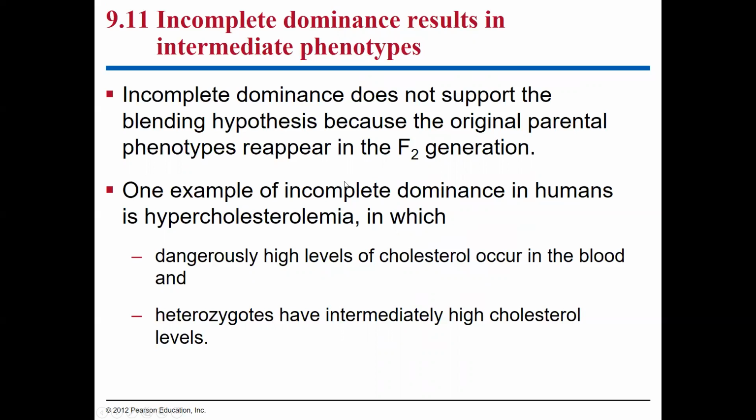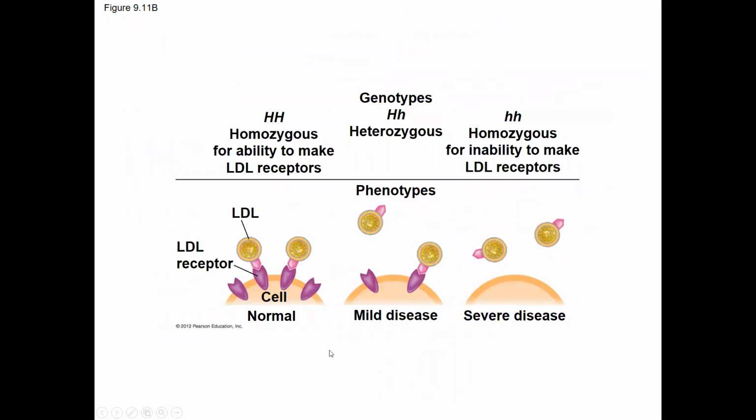One example of incomplete dominance in humans is hypercholesterolemia, in which dangerously high levels of cholesterol occur in the blood. If you're heterozygous for this, it means you have intermediate high levels of cholesterol, but they're not dangerous. If you're homozygous dominant, you will produce enough LDL receptors.